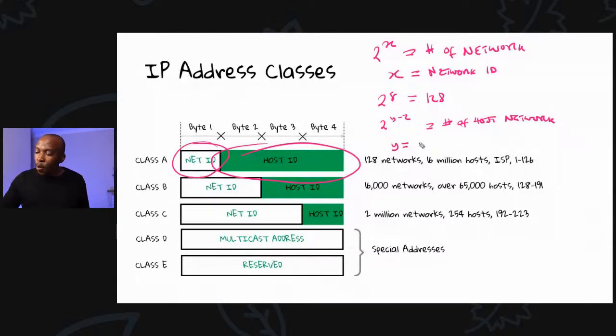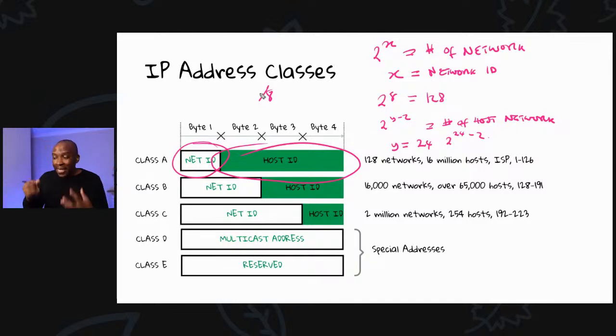So y is equal to 24, because remember, x plus y should give us 32. If we have used 8 for the network, it means we have 24 remaining, and 2 to the power 24 minus 2 then gives us 16 million hosts per network. So when you are using a /8 IP address, it means that we can have up to 128 networks, and each network will have up to 16 million hosts.